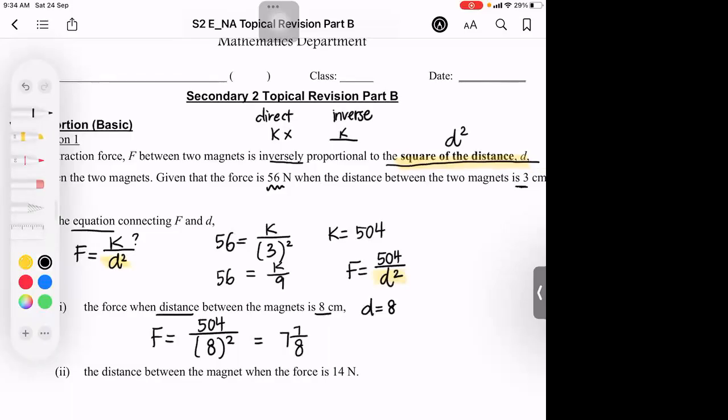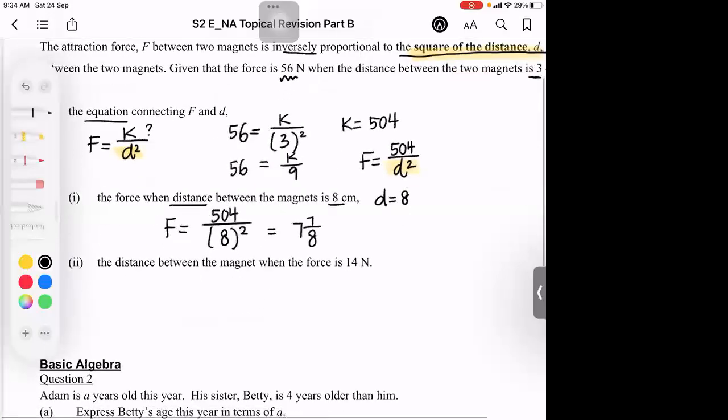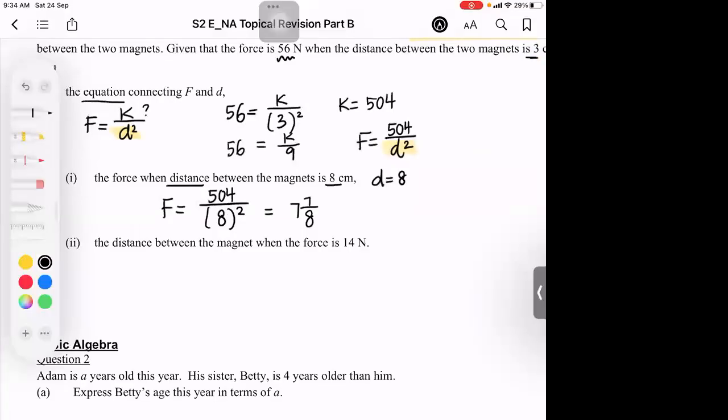Next one, find the distance between the magnets when the force is 14. So now the force is 14, F is 14, 504, but the distance is D squared. Okay, then in this case, what do we do? We can cross multiply.